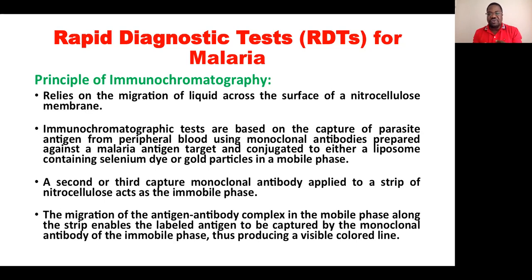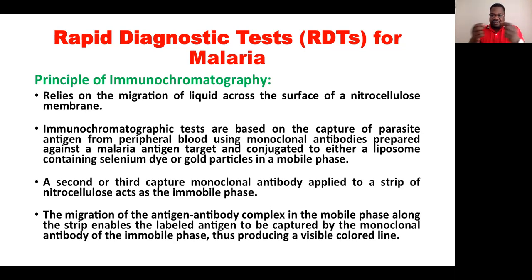So you must know which test you are using, because if it is negative, it does not necessarily rule out malaria. The test may have been testing for Plasmodium falciparum, but the patient is infected with Plasmodium ovale or vivax, and then you can miss it.